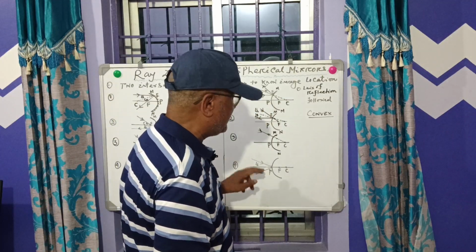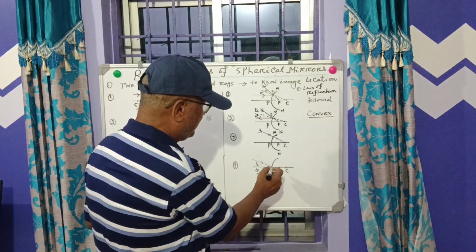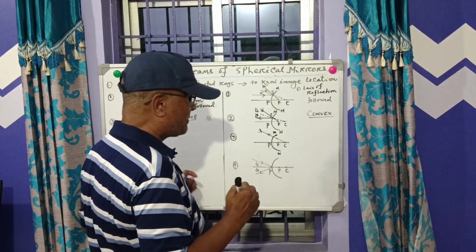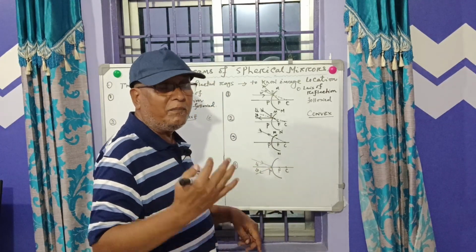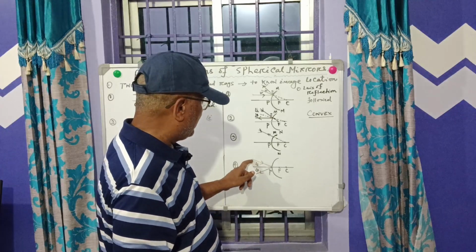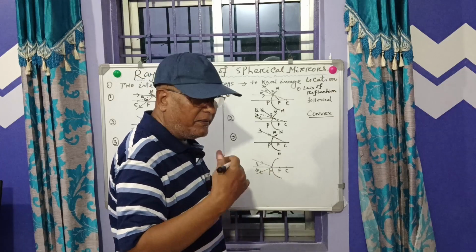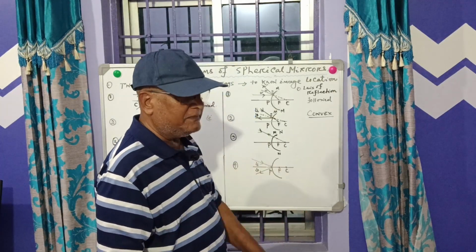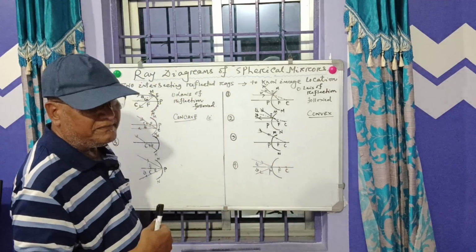Same thing happens here in case of convex mirror. So look at here. Here the inward surface is the reflecting surface. Here the outward surface is the reflecting surface. So the incident ray falls at point P obliquely and it is reflected in the same medium.